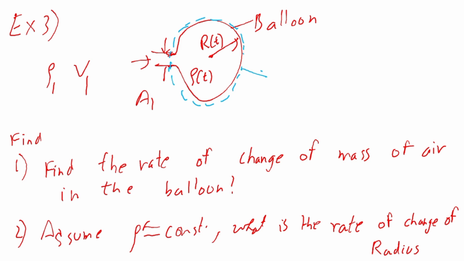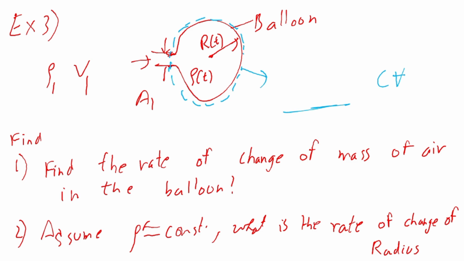The question is, what type of control volume is this? Like always, there are two questions you have to ask yourself: is it moving or is it deforming? There is no net or global velocity to this balloon. The balloon is fixed to the air inlet that is filling up air inside the balloon, so it's not moving anywhere, but naturally it is expanding.